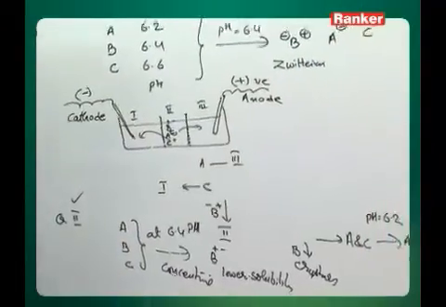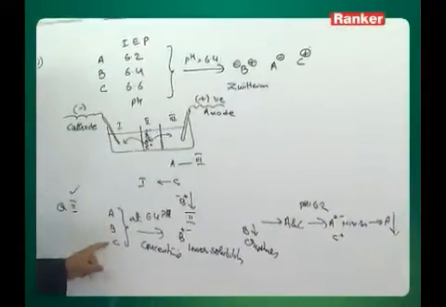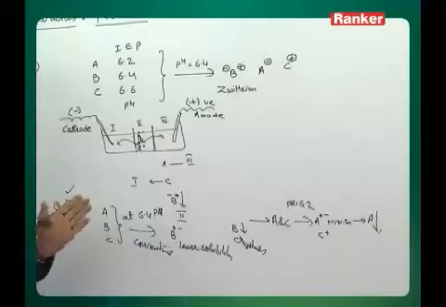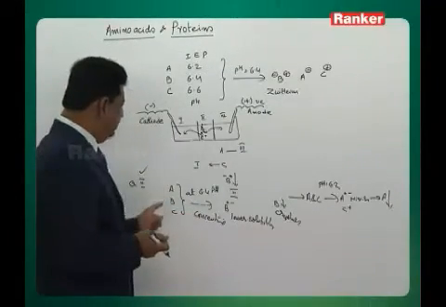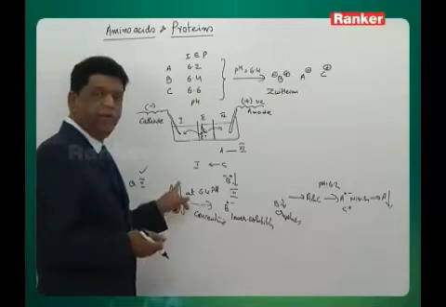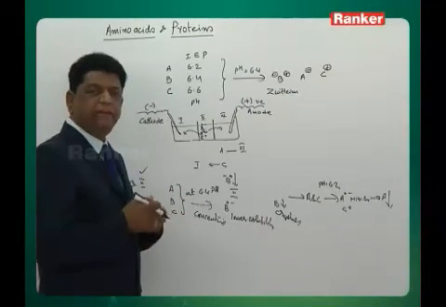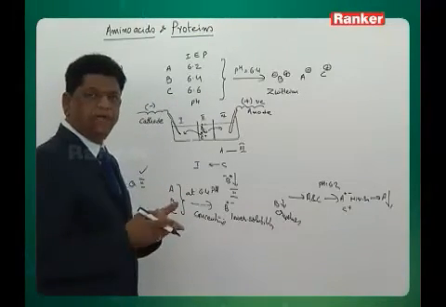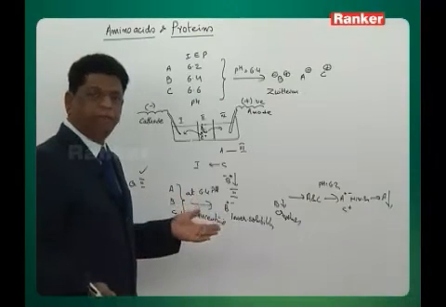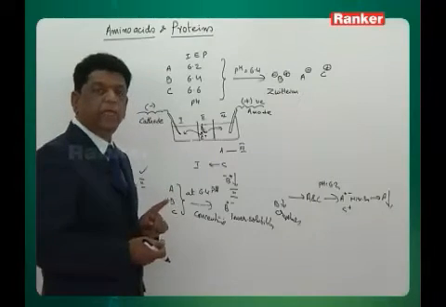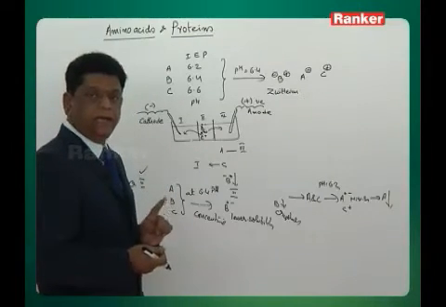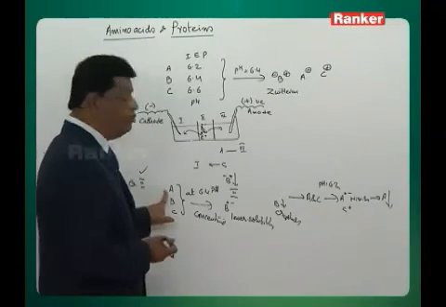Similarly, if A, B, C are taken separately, you calculate the conductivity at different pHs. For amino acid A, you calculate its conductivity values at different pH values. At one pH, A shows minimum or null conductance, and that is its isoelectric point.